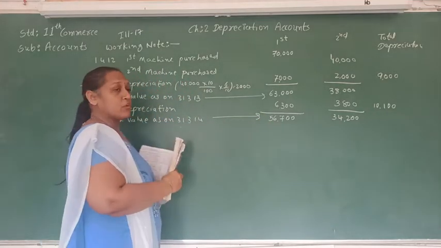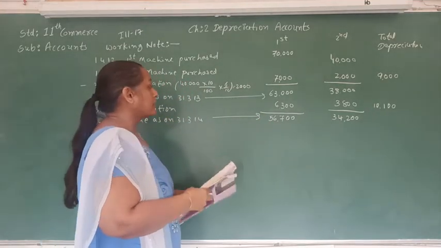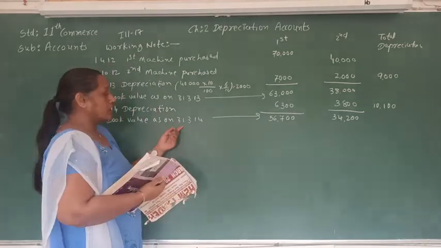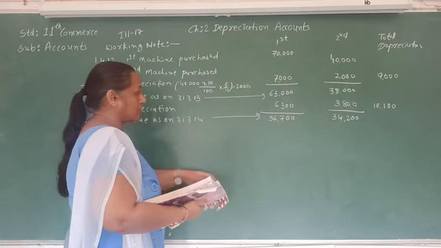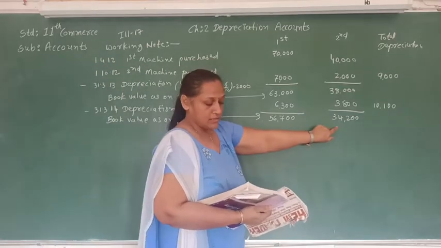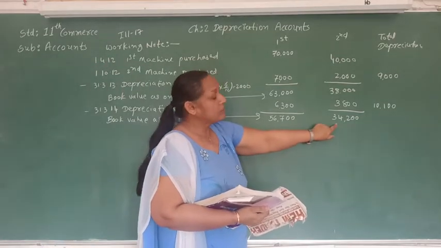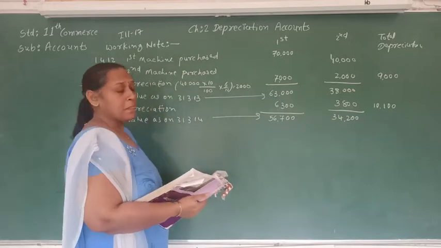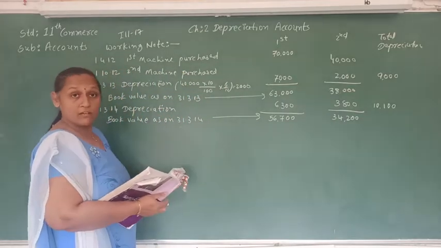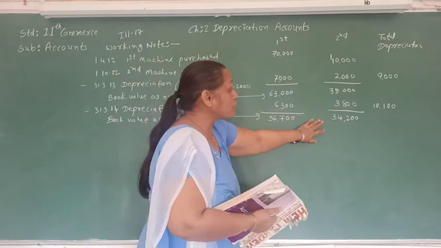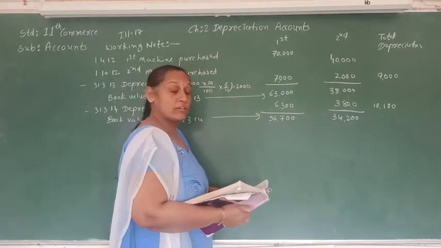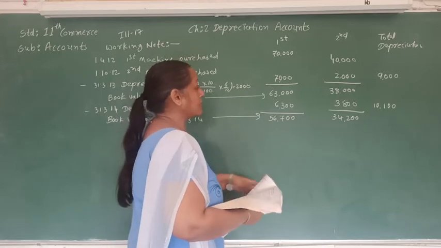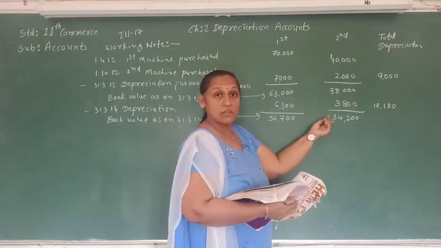Now the third year will be ending on 31st/3/15. But before that the second machine was sold, so this machine will be sold before the end of the third year. But before we sell this machine, we have to calculate the depreciation, and that depreciation we have to calculate for 10 months, as from March to January it will be 10 months.